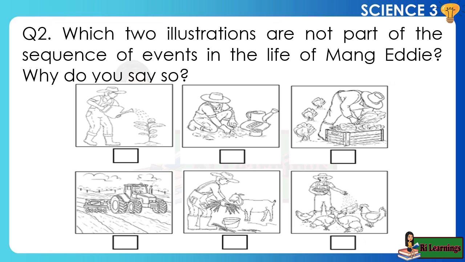Which 2 illustrations are not part of the sequence of events in the life of Mang Eddy? Why do you say so?